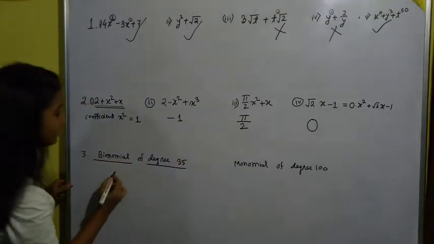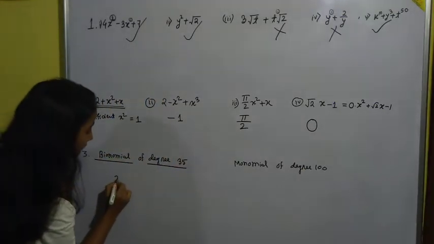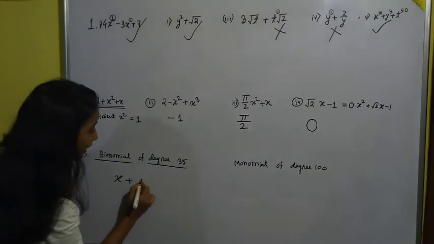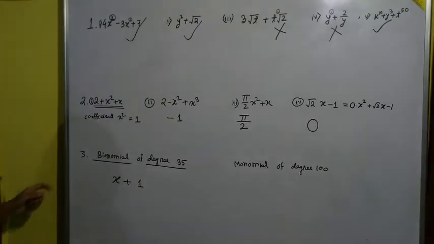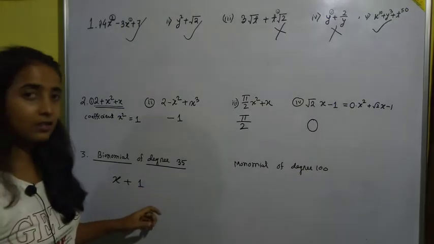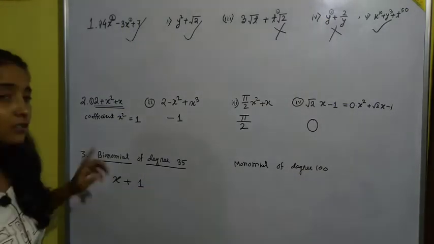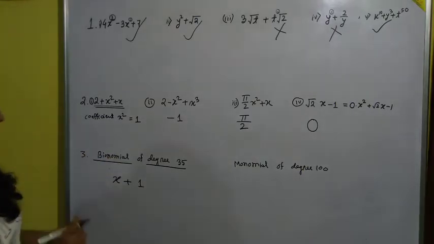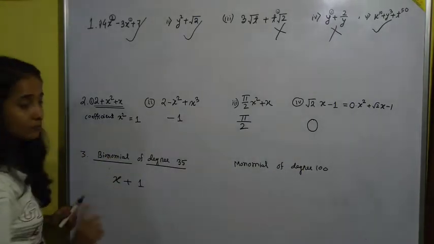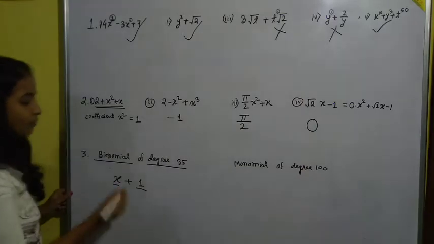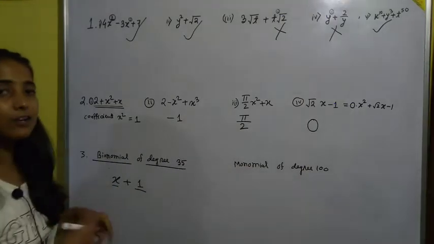See, for example, x plus 1. x plus 1, it is a polynomial, is it not? It is a polynomial where there are two terms, first term and second term. Therefore, this is a binomial.